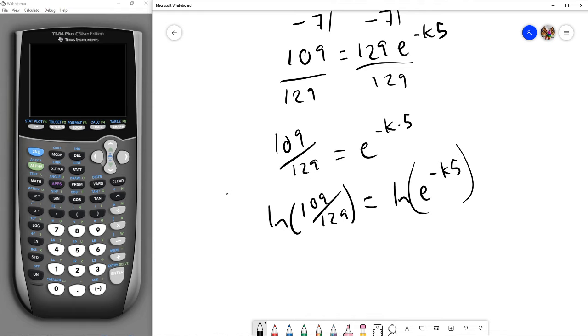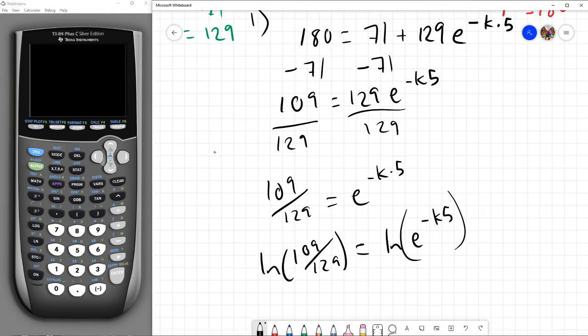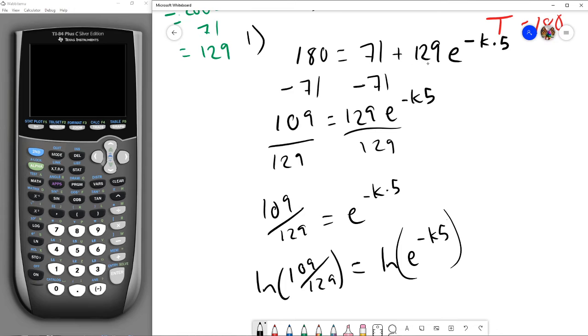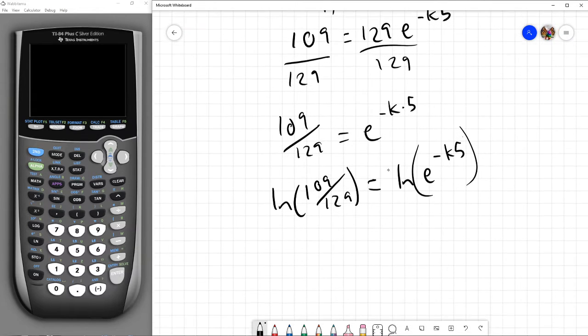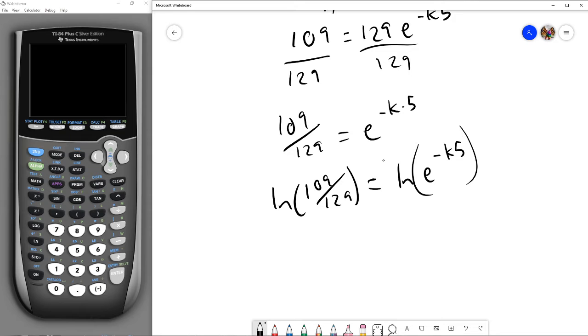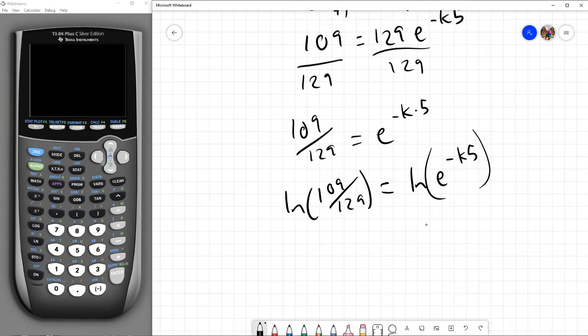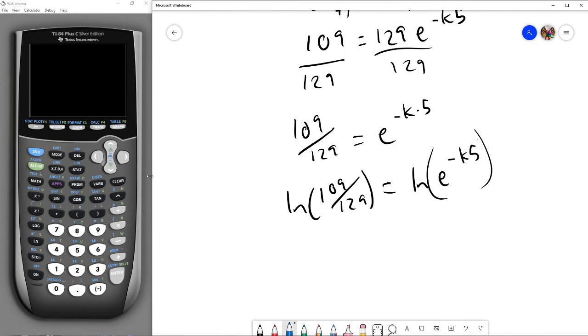So just to review what we're doing here, we start out with our exponential equation. We are isolating the exponential, so we have e to negative k times 5 isolated. Now that we have it isolated, our next step was to take the log. In this case, we picked natural log because we have our property where natural log of e to the x is equal to x.